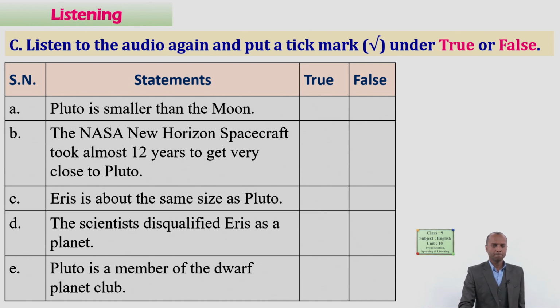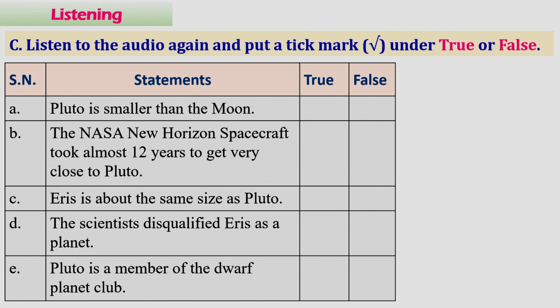Yes, good. Pluto, the planet that wasn't. Poor Pluto. It's bad enough to be the runt of the group, but to be told after 75 years that you're not even a member of the club? What an insult! Pluto was first discovered in 1930. Until 2006, students were taught that it was the ninth and smallest planet in the solar system.